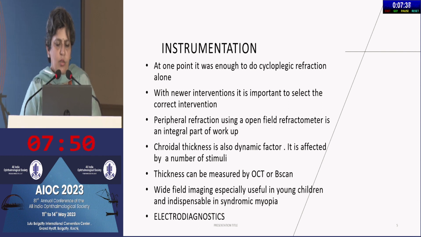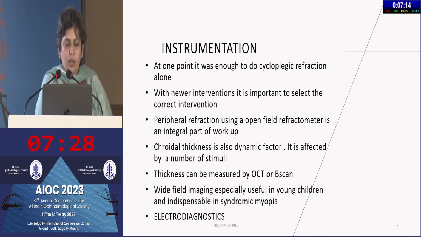Choroidal thickness is also a dynamic factor, and it is affected by a number of things. At this point, there isn't enough data on how you will choose myopia intervention based on OCT or choroidal thickness. But it's a work in pipeline, and probably there will be more data and knowledge available in a few years.